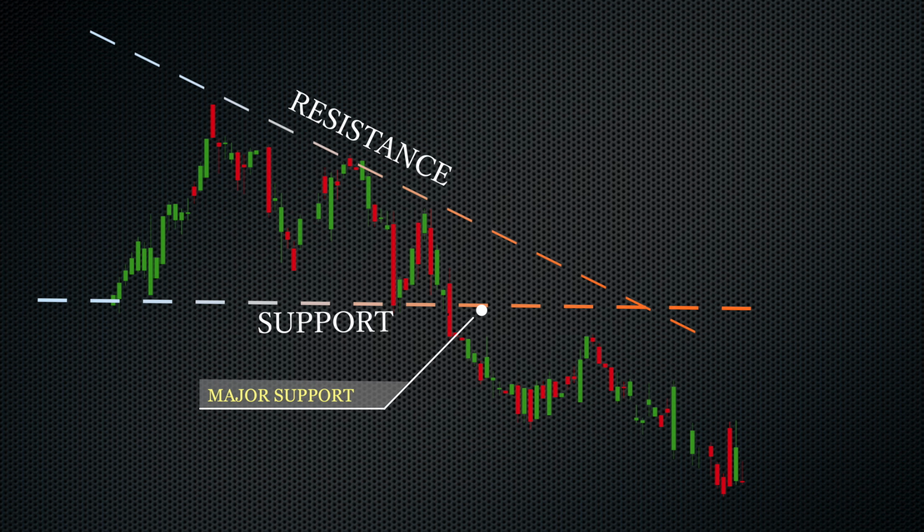The next chart pattern is called the descending triangle. The descending triangle is made when price makes a higher low, but we have one major support that doesn't let the price go lower than that.